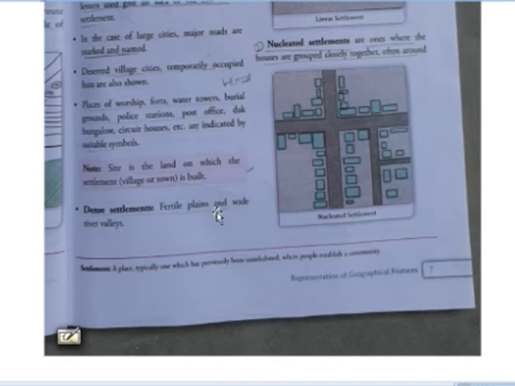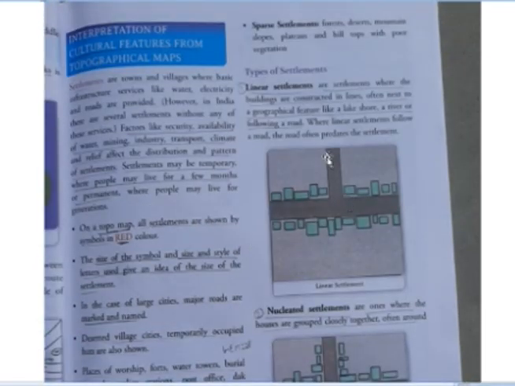I told you that people used to settle on the bank of rivers where civilization started. And sparse settlements are found in forests, deserts, mountains, slopes, plateaus, and hilltops with poor vegetation. In these places, support systems for life are not available in sufficient amount, so people do not like to settle at these types of places. Sparse settlement means few people used to live over there.